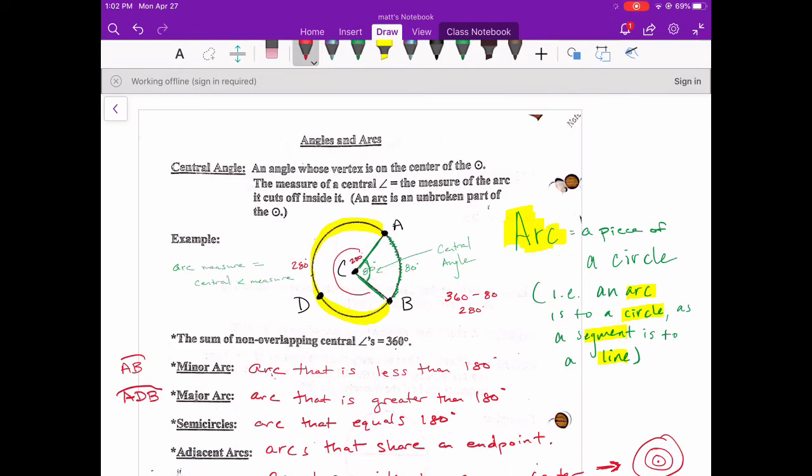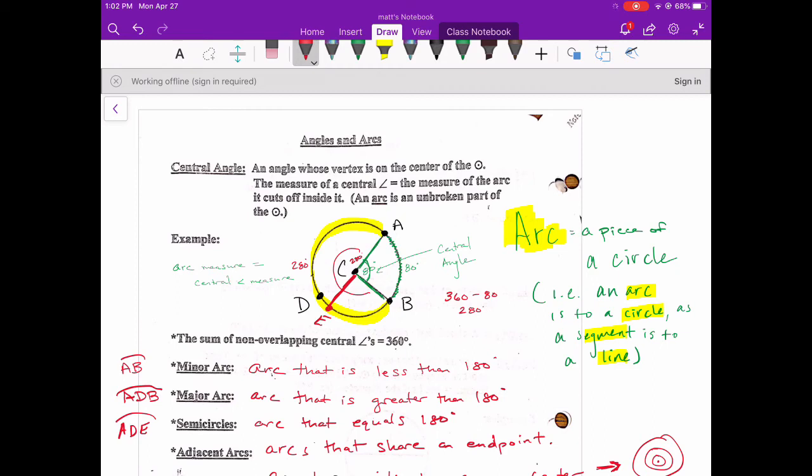Now, a semicircle would include a diameter. So if I move this radius all the way across and make a new point here, call it E, then we could say that arc ADE is a semicircle because it's half of a circle. Feel free to pause your screen and write down any of that.